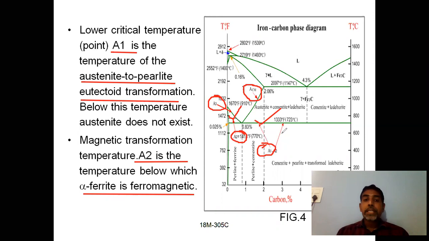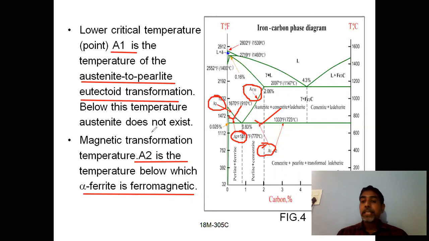So what is happening at A1 and what is happening at A2? At A1, austenite is converted into pearlite in the eutectoid transformation. In the eutectoid transformation, the carbon percentage is 0.8%. And what is A2?